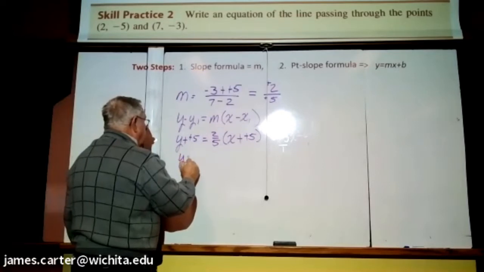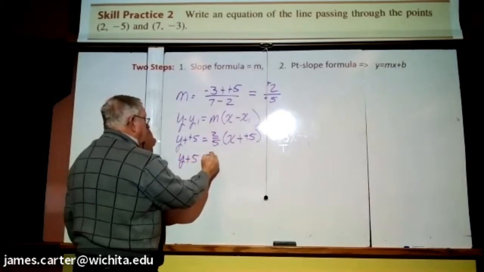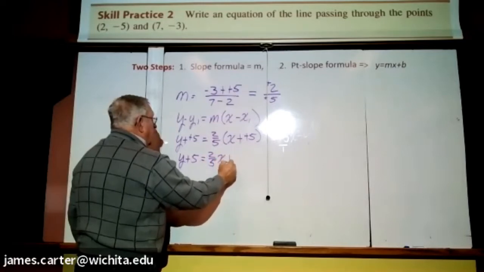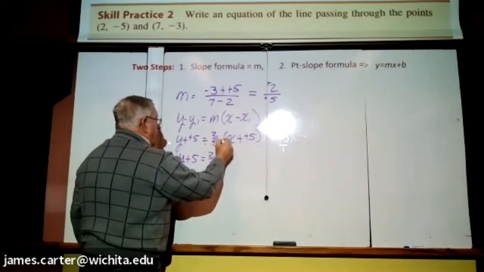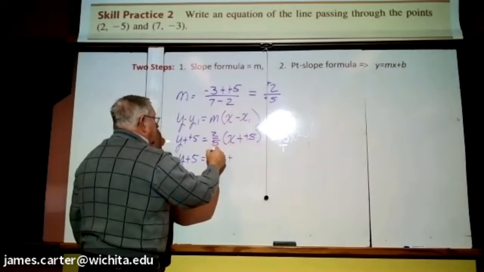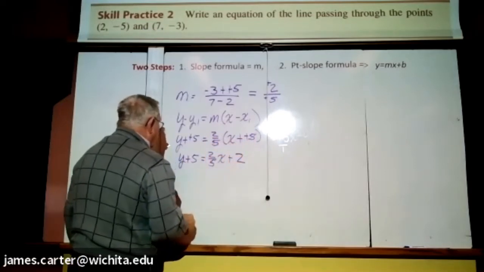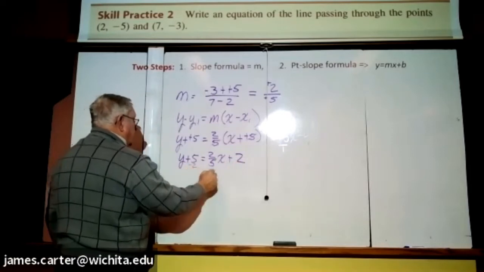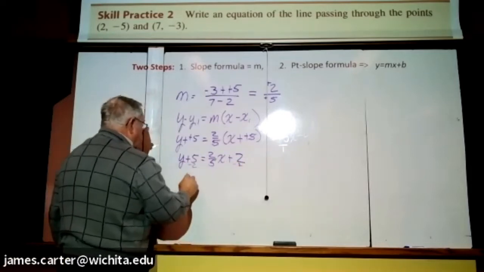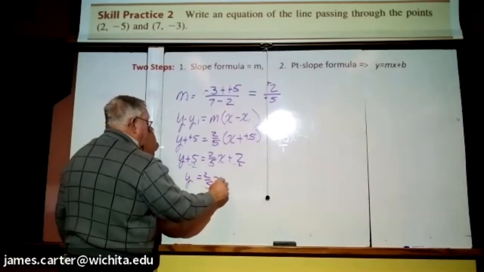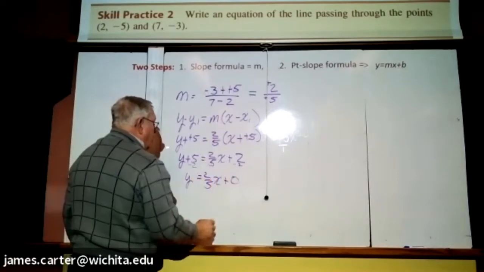So y plus 5 equals 2/5 x plus the 5 and the 5 here cancel. So I just simply get 2. I subtract on both sides. Y equals 2/5 x plus 0.